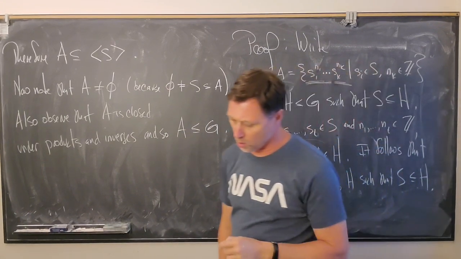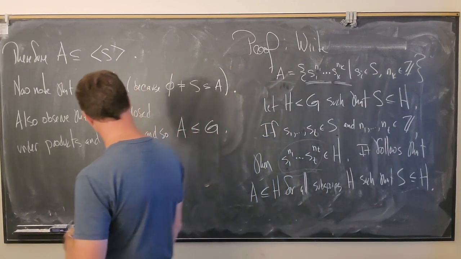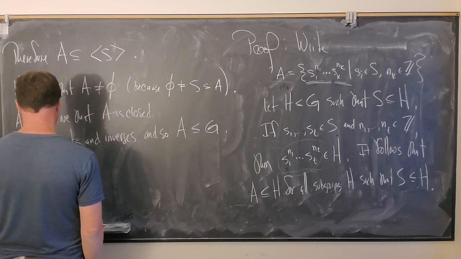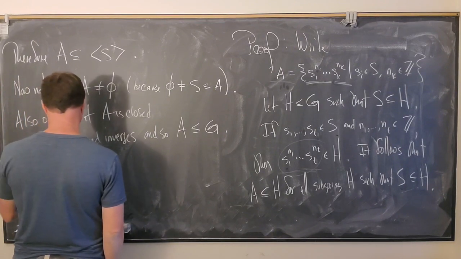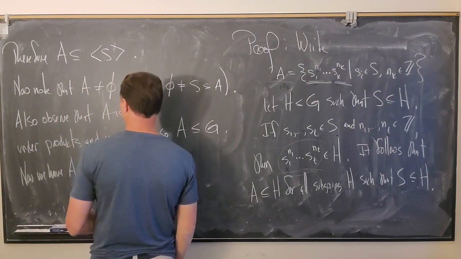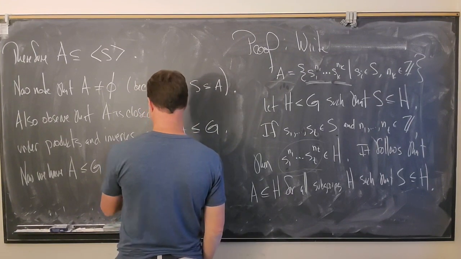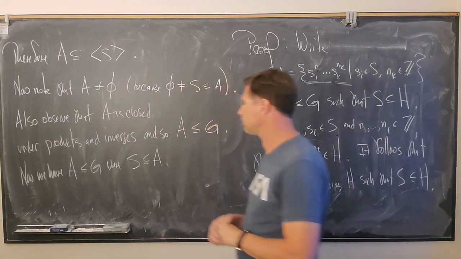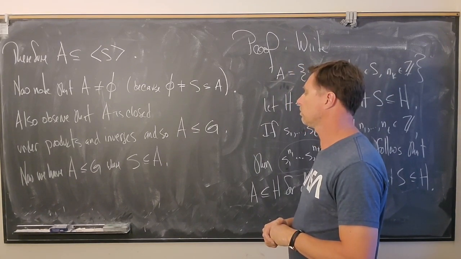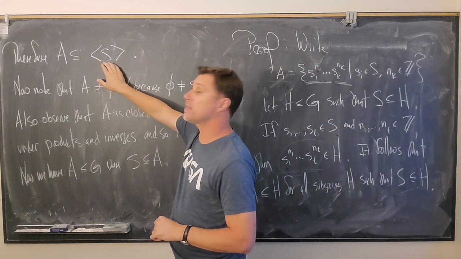So now what do we know? A is a subgroup of G, where S is contained in A. Now, what do we know? The angle bracket S is the smallest subgroup.